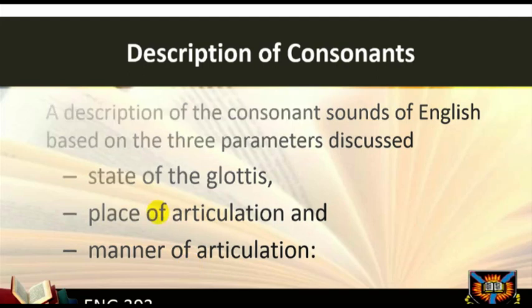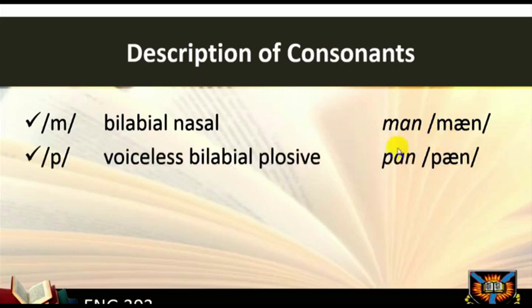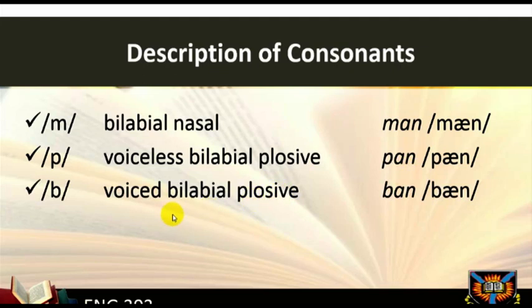M: bilabial nasal, man. P: voiceless bilabial plosive, pan. B: voiced bilabial plosive, ban.